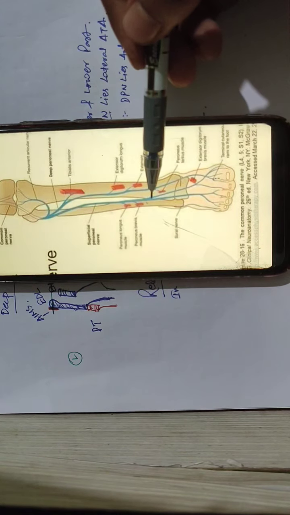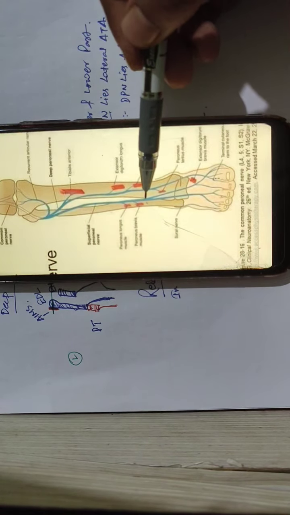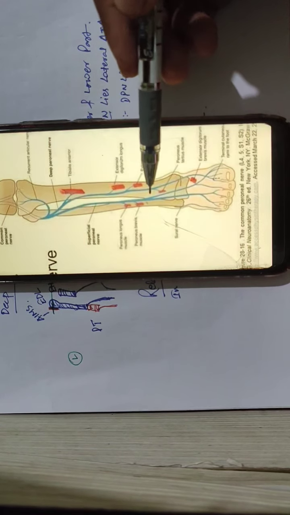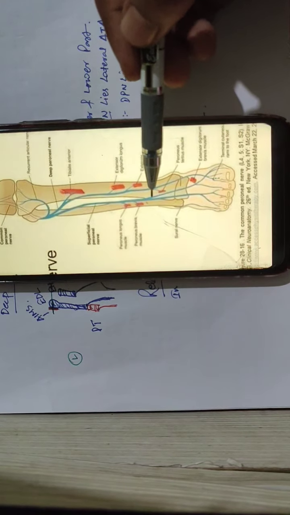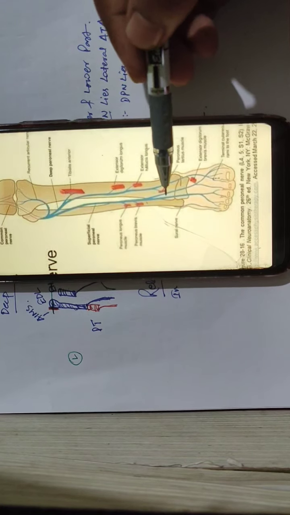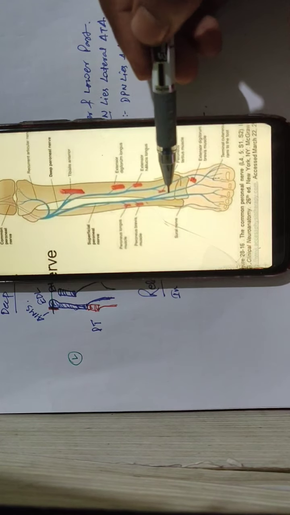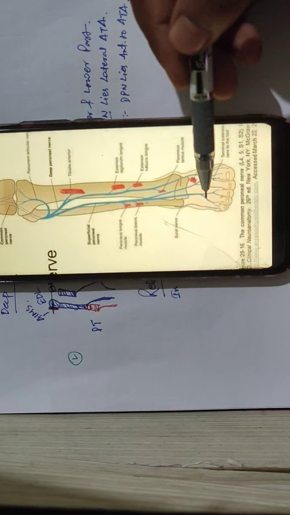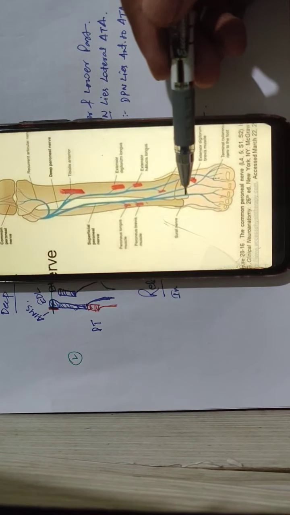So here the superficial peroneal nerve lies deep in the deep fascia, and from here again it comes to the superficial, and then at the ankle joint it is again divided into two parts.